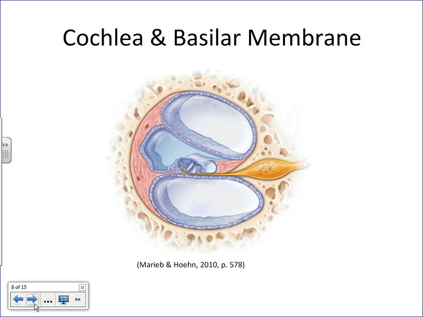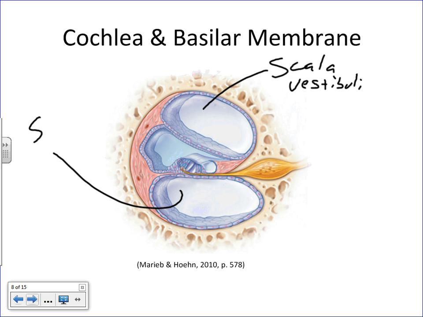All right. Now, when we take a look at this, essentially what you've got here, you've got what's called the scala. This is the scala vestibuli. All right. Then down here, you've got the scala tympani. All right.